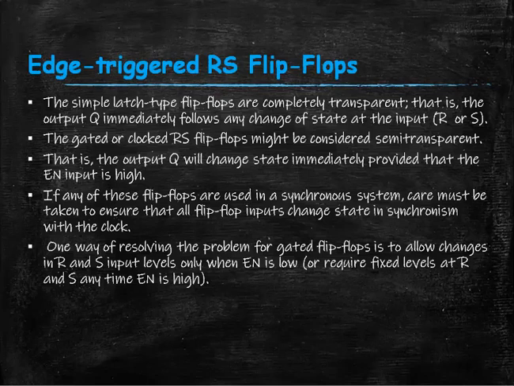We have to adjust the clock input of the synchronous system in such a way that the changes in the R and S occur when enable is low. Then when enable is high, the corresponding changes occur simultaneously. But it is very difficult to implement.